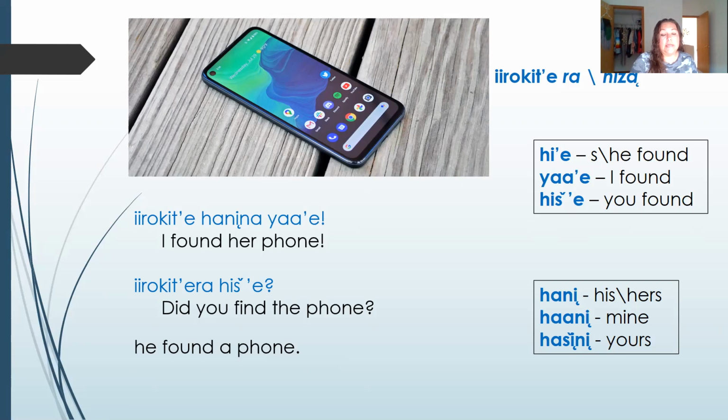All right, let's go ahead and try and do this one. He found a phone. Noun, and then verb. Irokite hijan hi'e. Good job.